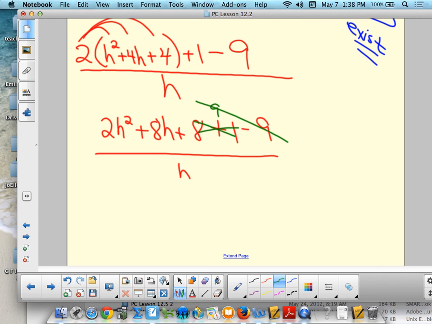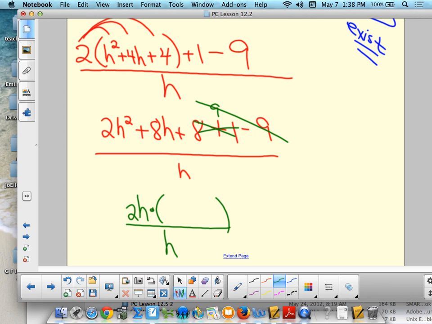What do you think I should do right here? Pull up 2h. You're factoring, right? Yeah, he's factoring. And I would too, Corey. I would factor out a 2h. The GCF is 2h. The reason I want to factor it out is because I want to cancel these h's out.